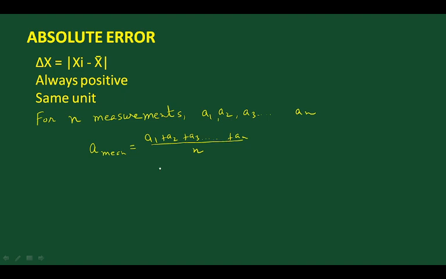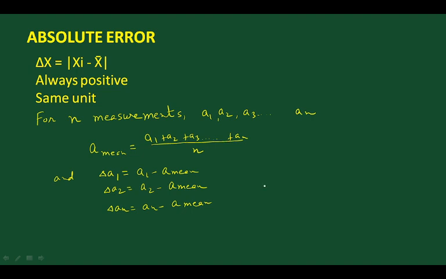Then del A1 is equal to A1 minus A mean, del A2 is equal to A2 minus A mean, and in this way del AN is equal to AN minus A mean.